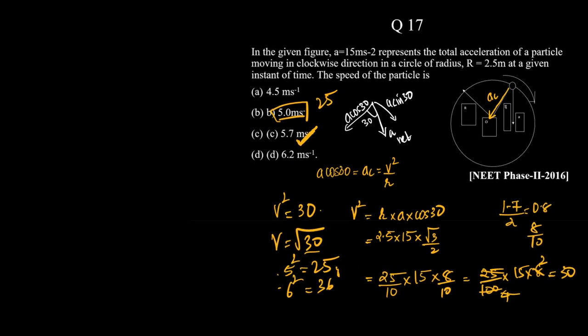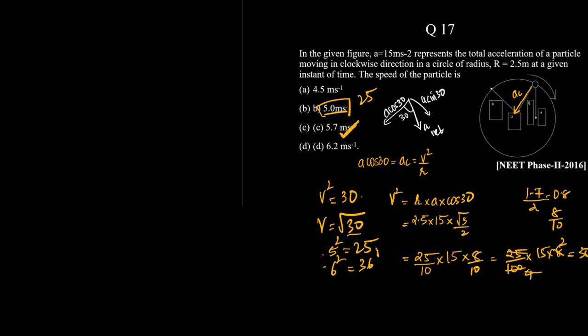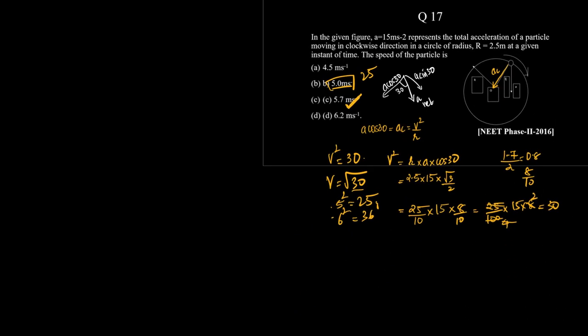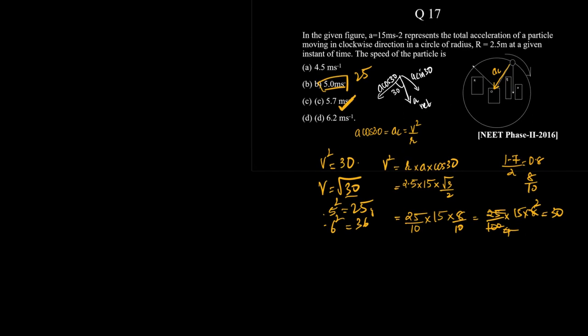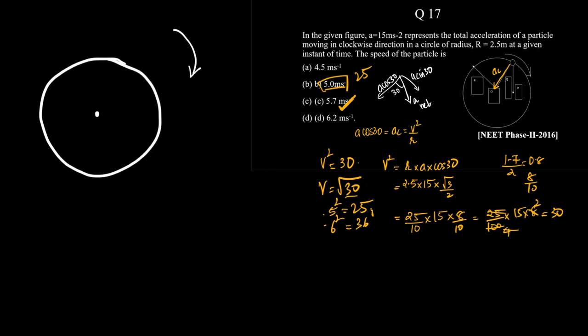But we have discussed this question, I think, 2 to 3 times. Yet let us have a brief outlook again. So this is a particle executing circular motion in the clockwise direction.